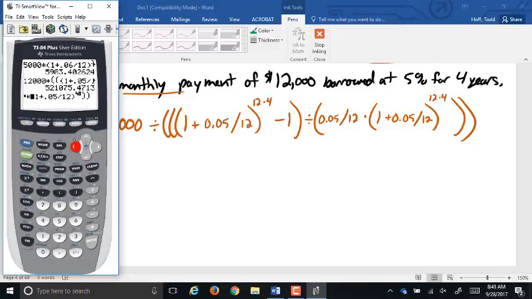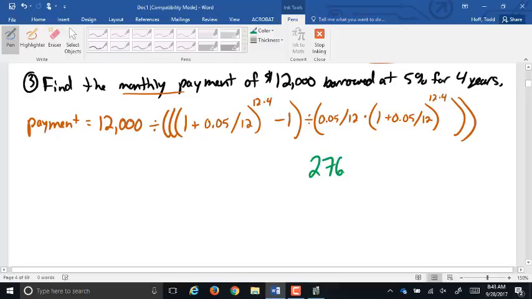I put times instead of divide, yep. There it is. That should change it. $276.35. Anybody else come up with that?